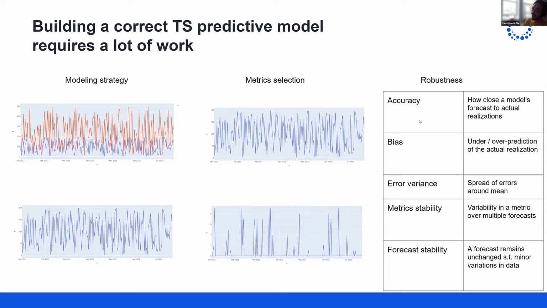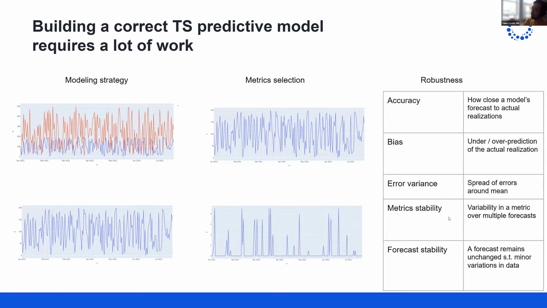But in reality, we see people also care a lot about the bias of your model. Is your model under or over predicting your actual realization? And what does the error variance look like? Do you have extreme bad behaviors or extreme worst performance on some of your products? If that happens, is it going to affect your business?